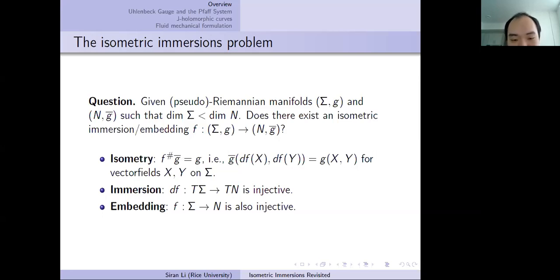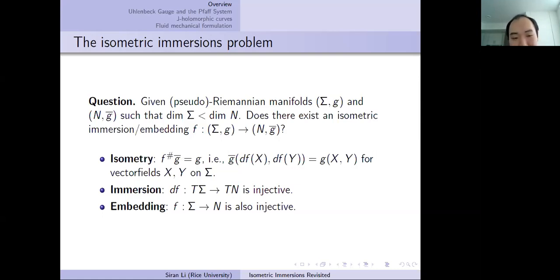In other words, if X and Y are two vector fields on the domain manifold Sigma, then g bar acting on df of X and df of Y, the push forward of X and Y via the map f, equals g of X, Y, at every point.